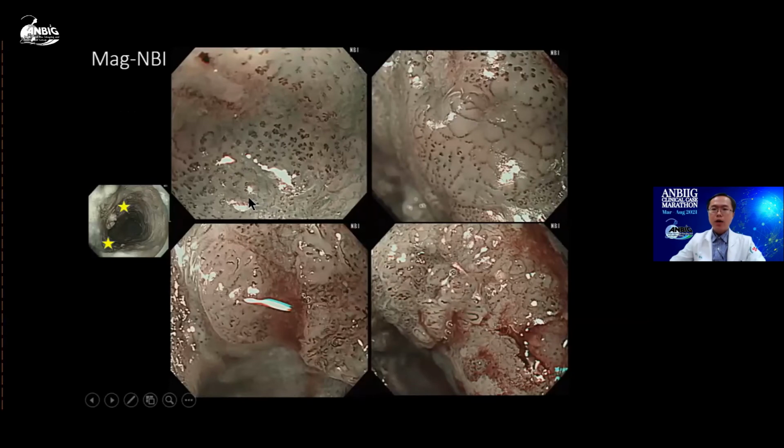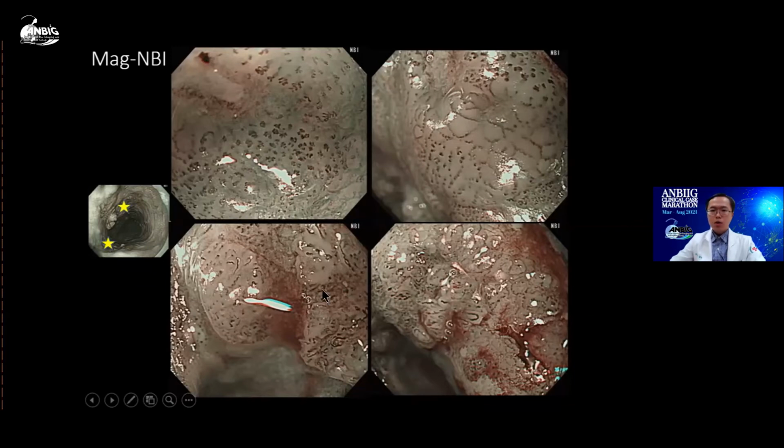And under magnified NBI focusing at the peripheral flat region, the left upper picture showed the dilated and irregular shape of the IPCL. In the right upper picture, we can see some avascular area circled by the microvessels.